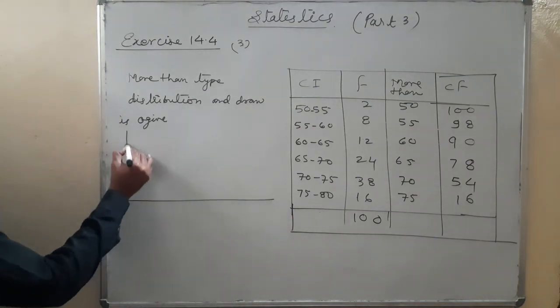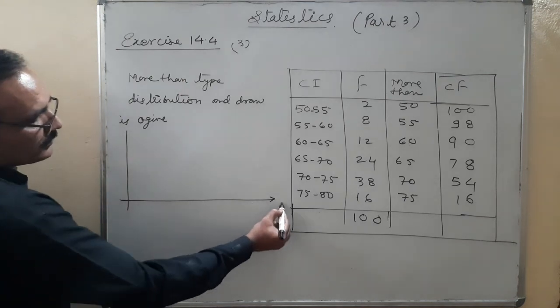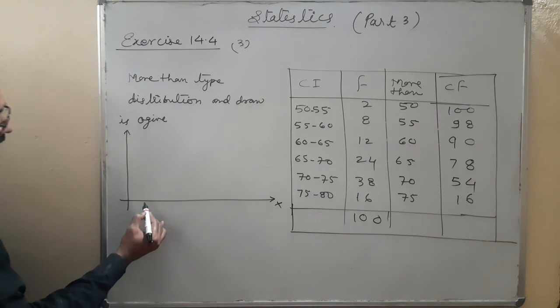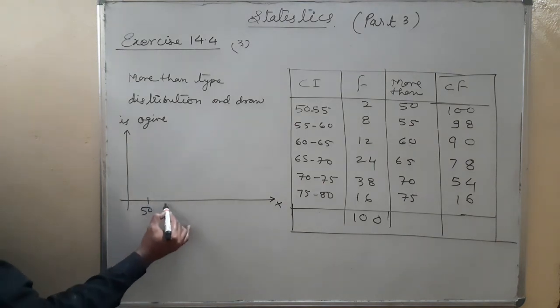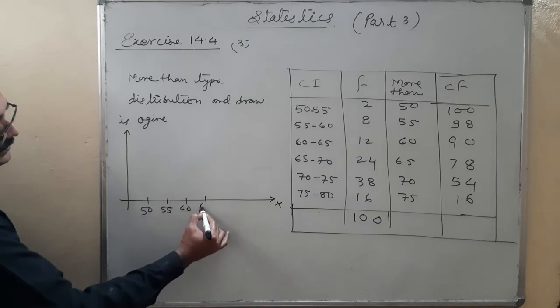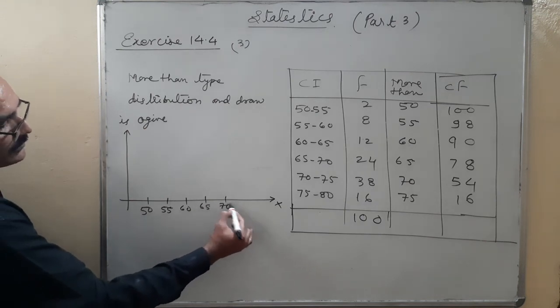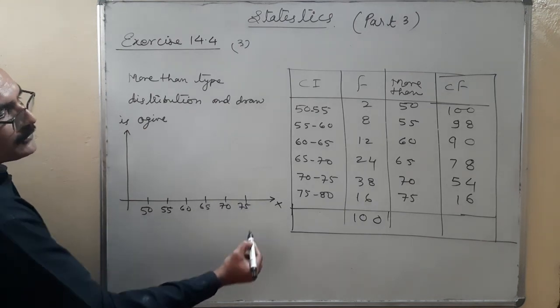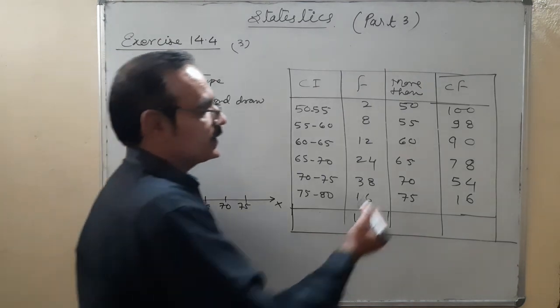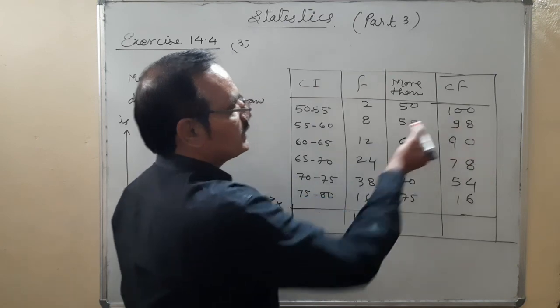Now making an ogive, more than type. On the x-axis: 50, 55, 60, 65, 70, 75. On the y-axis, always taking CF, minimum 16, maximum 100.